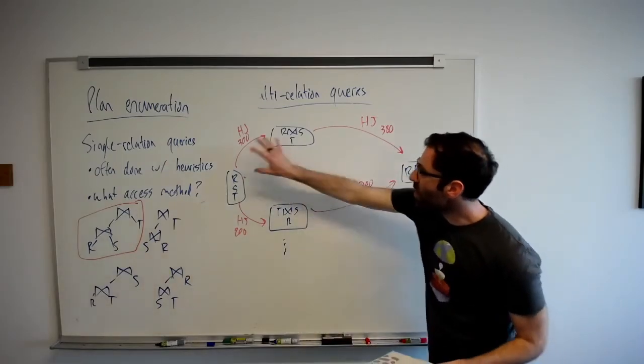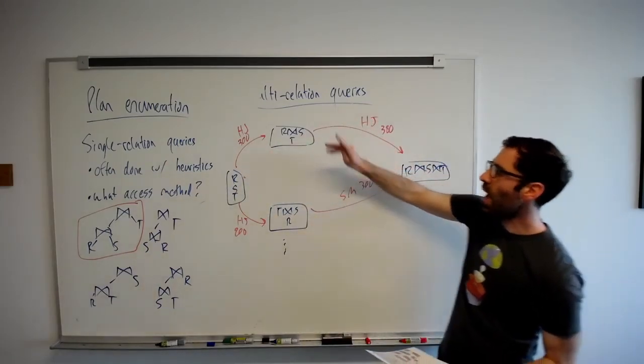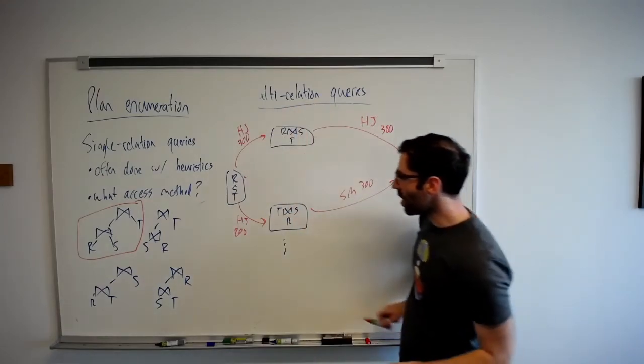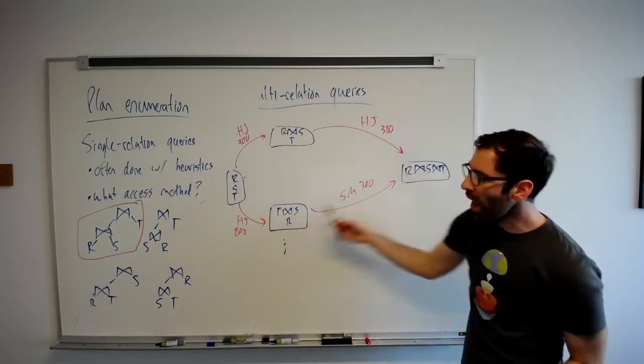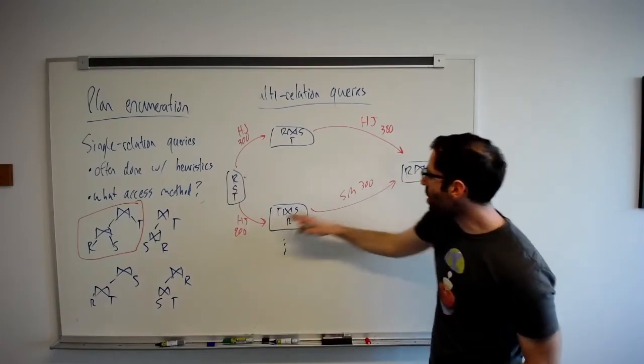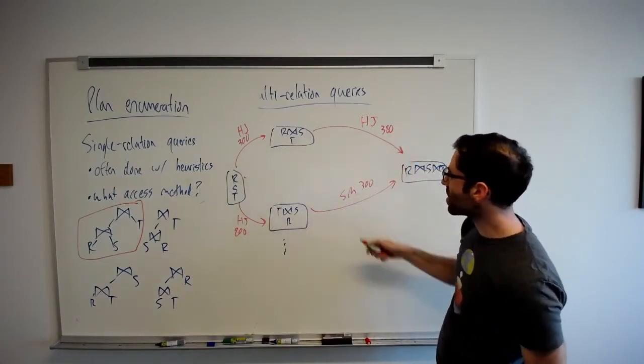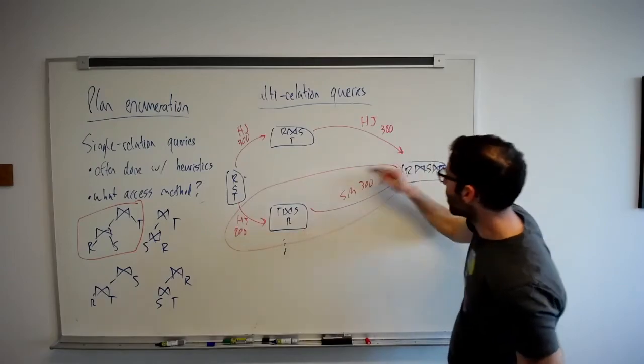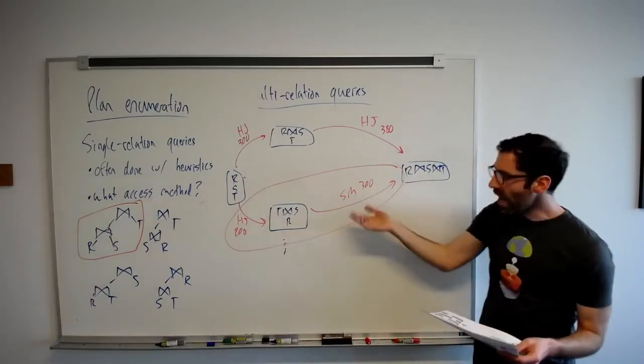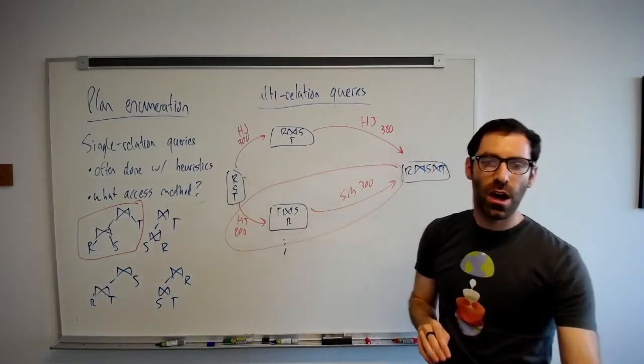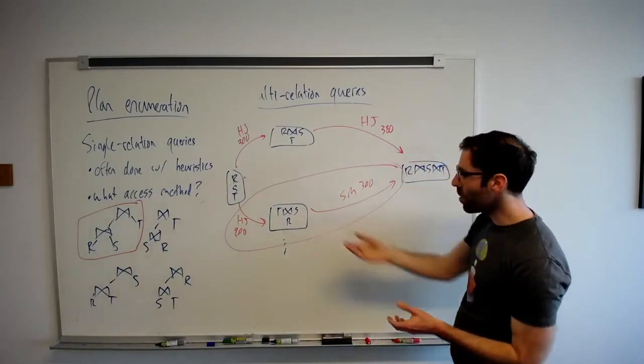And so now that we've done the estimates for each stage, we can say, all right, which of these full paths has the lowest cost? 500 versus 680. So this is the estimate of our best possible cost.